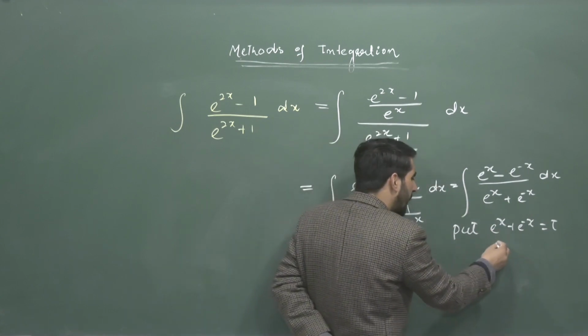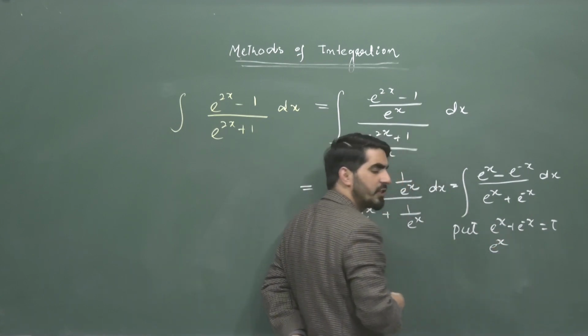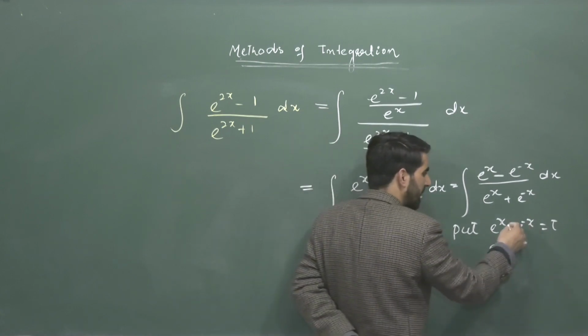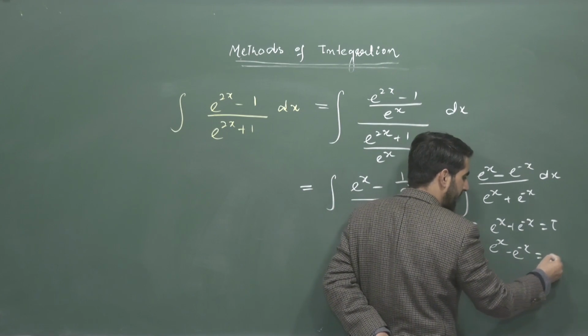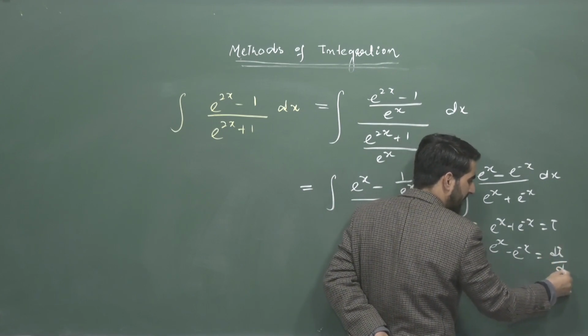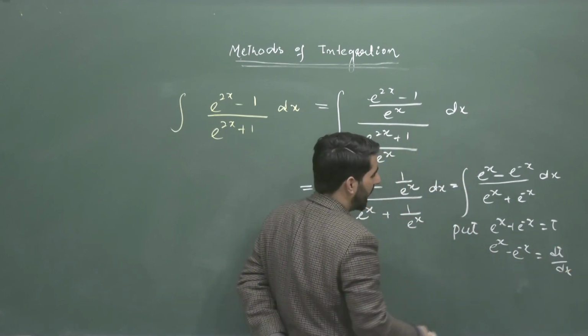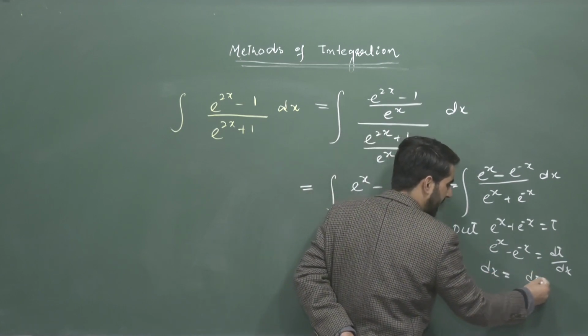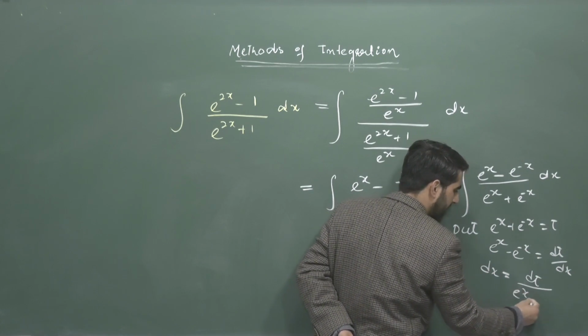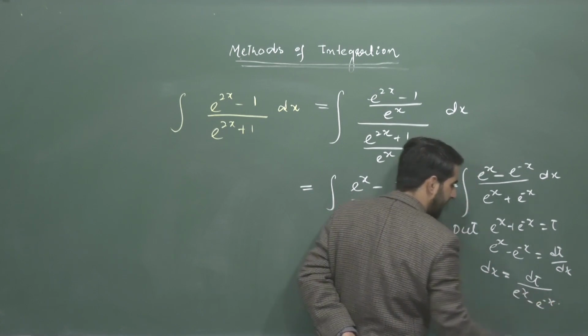The differentiation of e^x is e^x, and the differentiation of e^(−x) is −e^(−x), that is dt divided by dx. The value of dx is equal to dt divided by (e^x − e^(−x)).